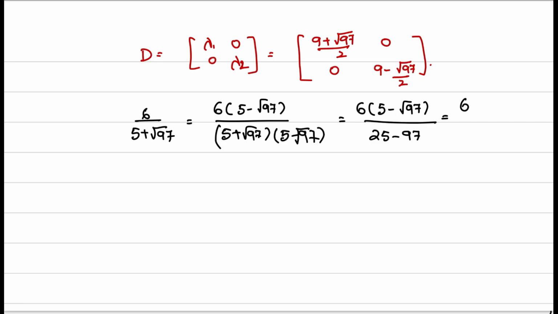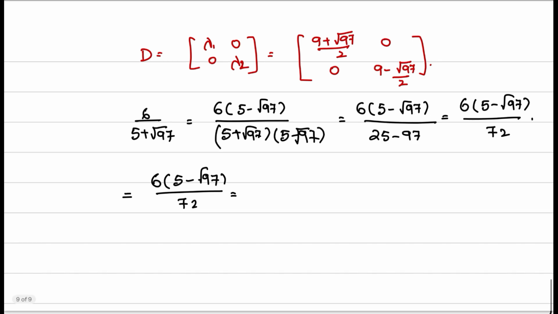That is equal to 6 into 5 minus square root of 97 whole divided by minus 72, which is equal to 5 minus square root of 97 whole divided by minus 12.